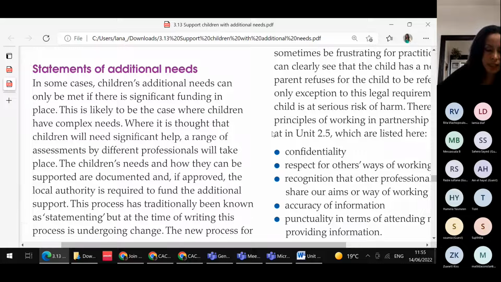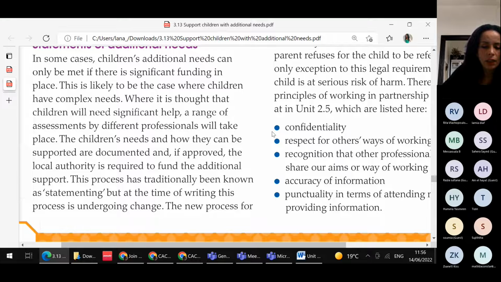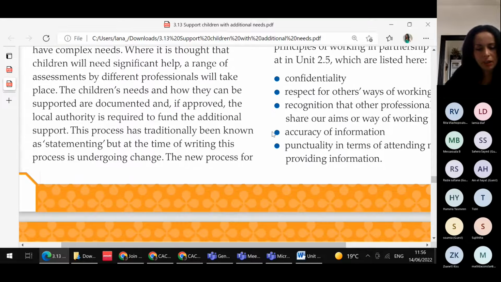Then in this case, we need a statement so we can write exactly how the child has progressed, who's helping the child. We need to put all these goals. This whole process is called statementing, and it's all about the progress of the support.